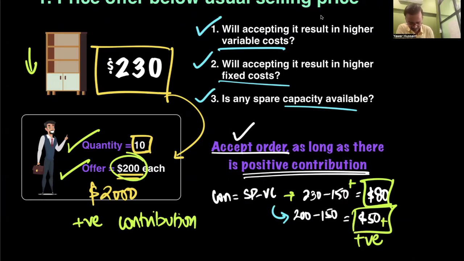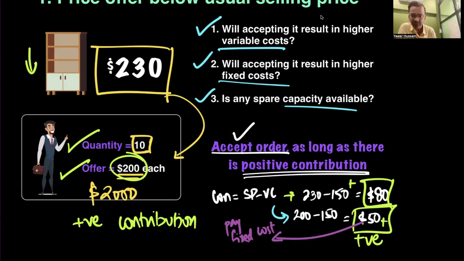Remember this $50. Where does this go? This $50 is then used to pay your fixed cost. So if you didn't get this $50, you'll have to borrow it from somewhere else, and that becomes a problem. Okay, so remember, even if someone offers you a lower price for your product, first calculate it according to contribution.